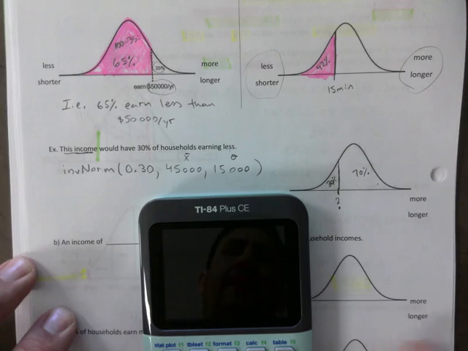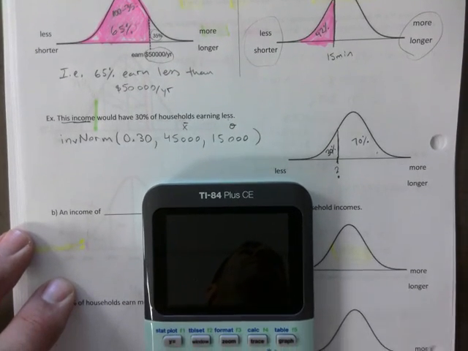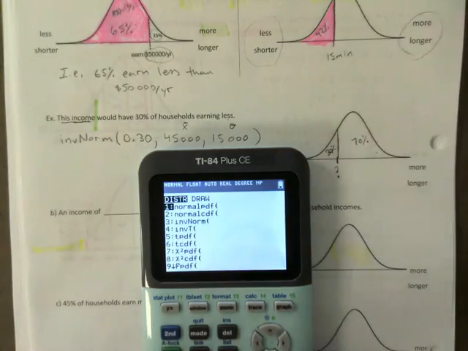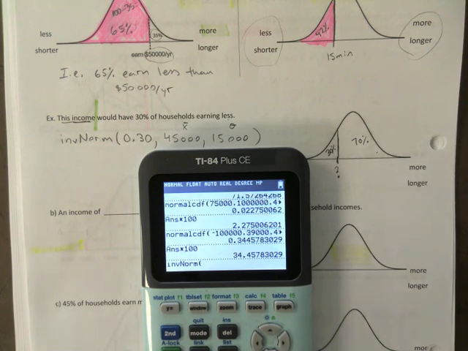Grab your TI-84s, and you simply press second vars again, and now you're using inverse norm, the third option. And you just type in 0.3 or 30, it doesn't matter. 45,000, 15,000.